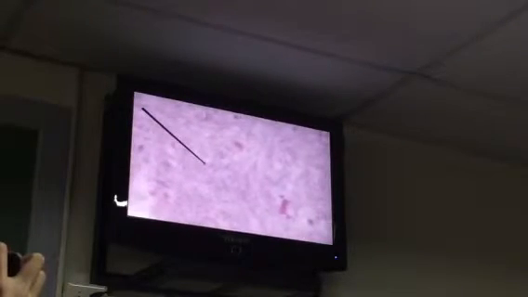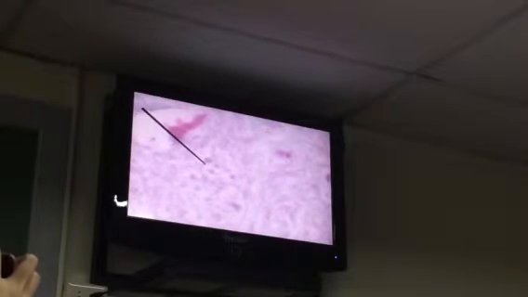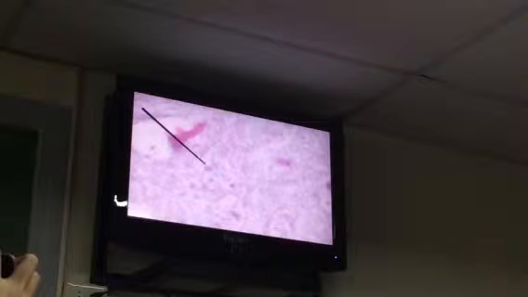So please identify cells at pointer. Ay, ano to? Yan. Ano to? Ano yan? Astrocyte. Identify cell at pointer. Oligodendrocyte.